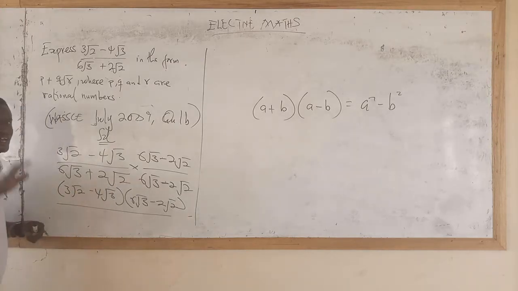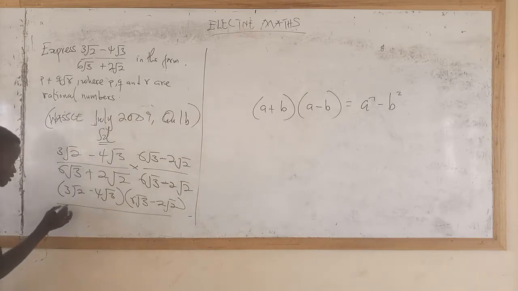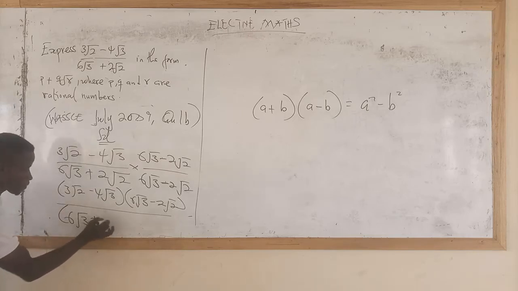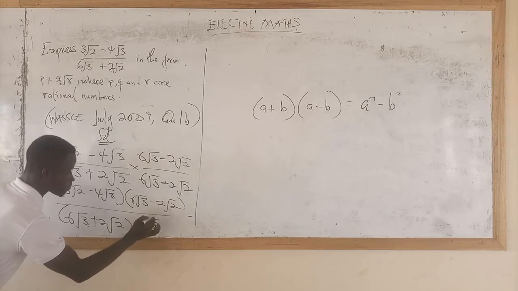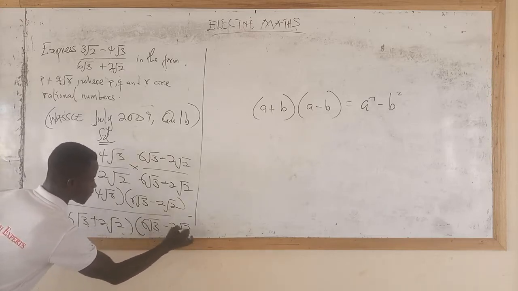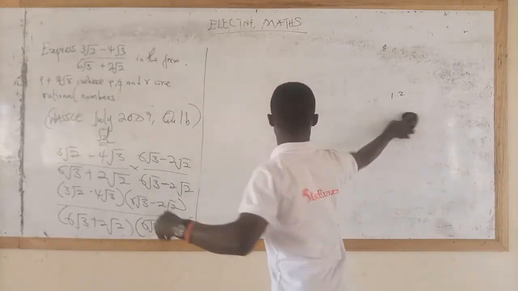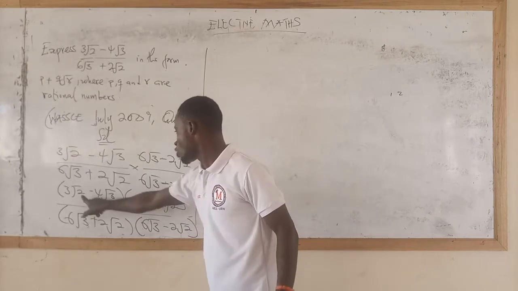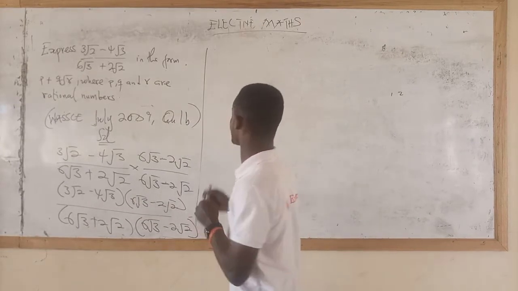But you know what? I love you and I don't want to skip any step. So you know what? Let me bring it. Okay. Very good. Now, we are going to multiply. So if you are going to multiply, the whole of this, you multiply the whole of this, the whole of this, you multiply the whole of this.